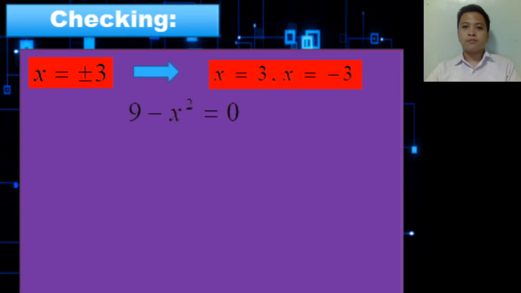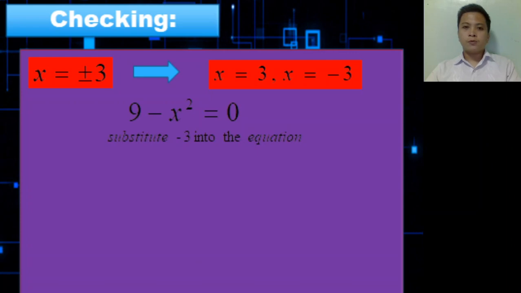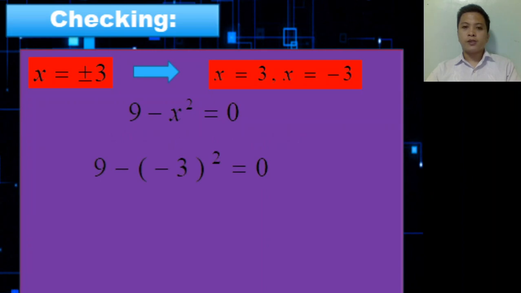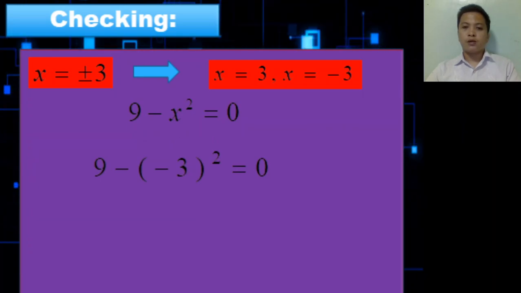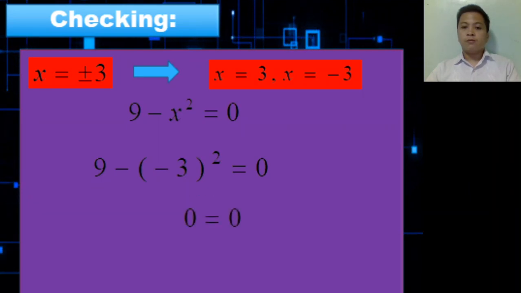Substitute negative 3 into the equation. We will have 9 minus negative 3 squared is equal to 0. Solve. We have 0 is equal to 0. Both positive and negative 3 satisfy the equation 9 minus x squared is equal to 0. That makes our answer correct.